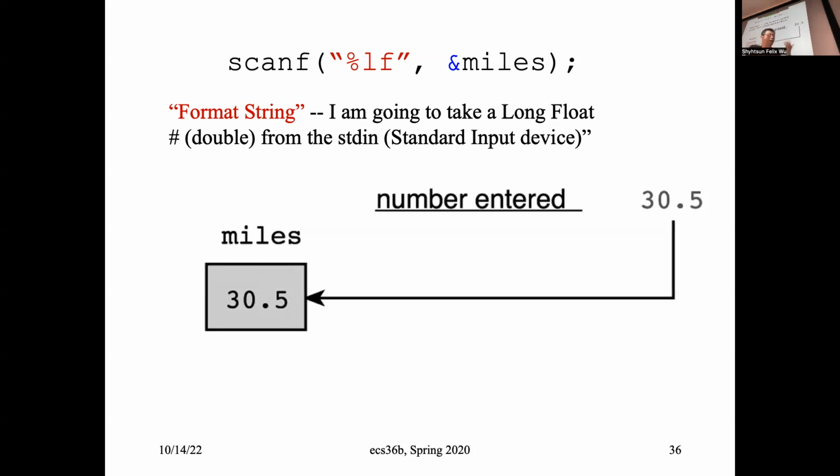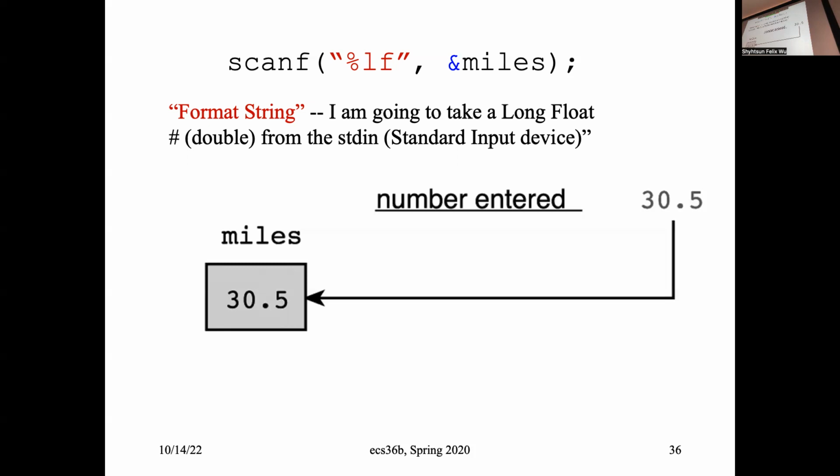This basically tells the scanf program how I should interpret the number you just typed in. For example, if I type 20.5, I can interpret 20.5 as a floating point.